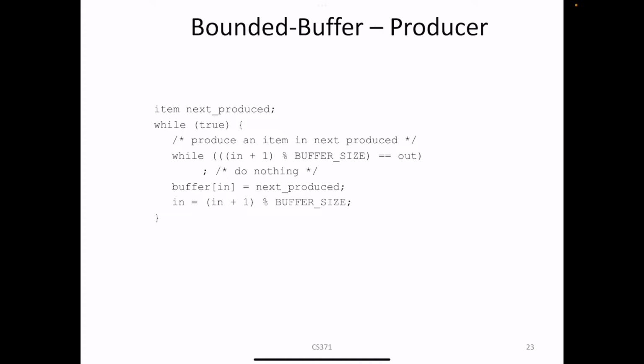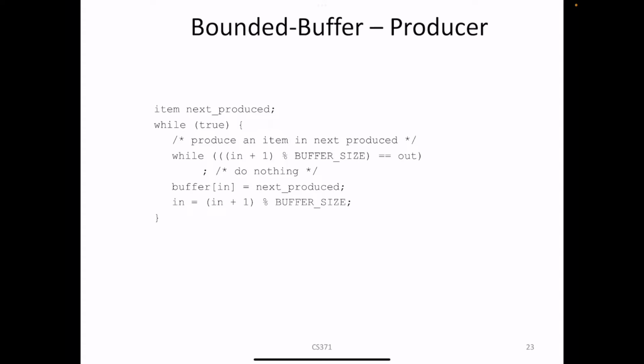If no, the program will be stuck at this while loop until the new atom slot is available. But if yes, the new atom will be placed on the atom buffer, which is pointed to by the in variable. Then increase the in by 1 to point to the next available atom slot.